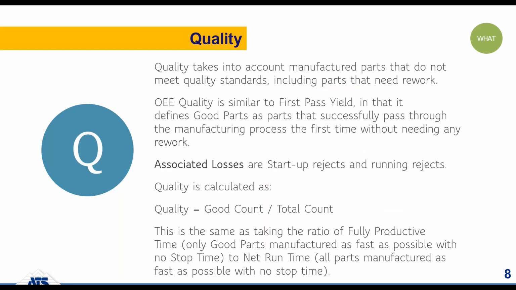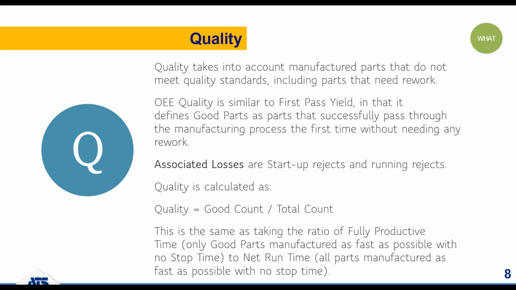Now, if we look at quality, quality in manufacturing looks at all the good parts that meet the quality standards, including reworks, the parts that require reworks. The OEE quality is similar to the first pass yield in that it defines good parts as parts that successfully pass through the manufacturing process for the first time without needing any review.